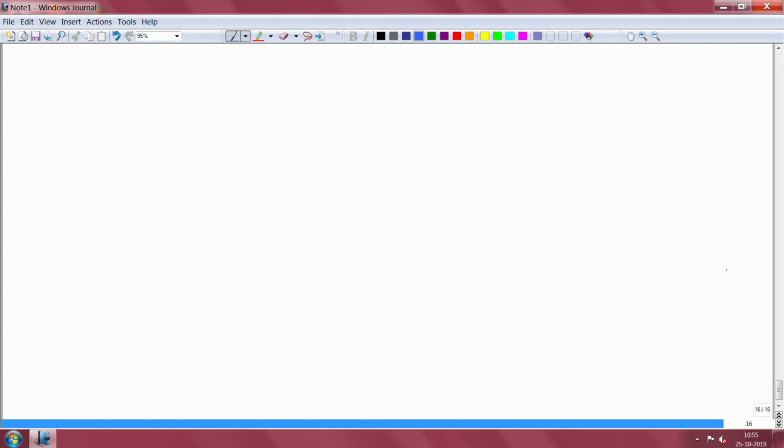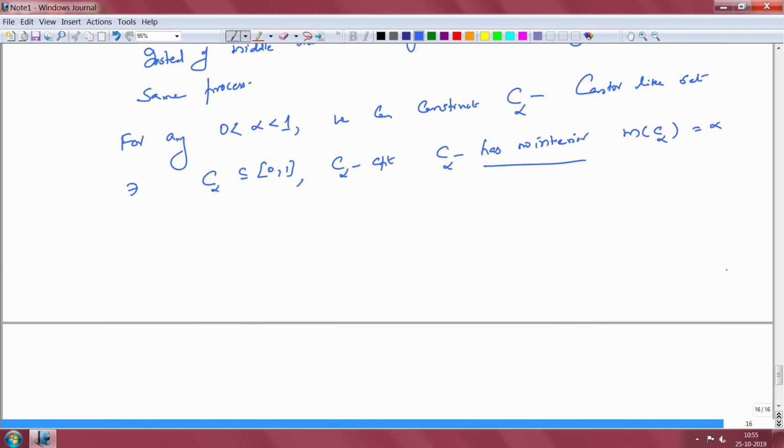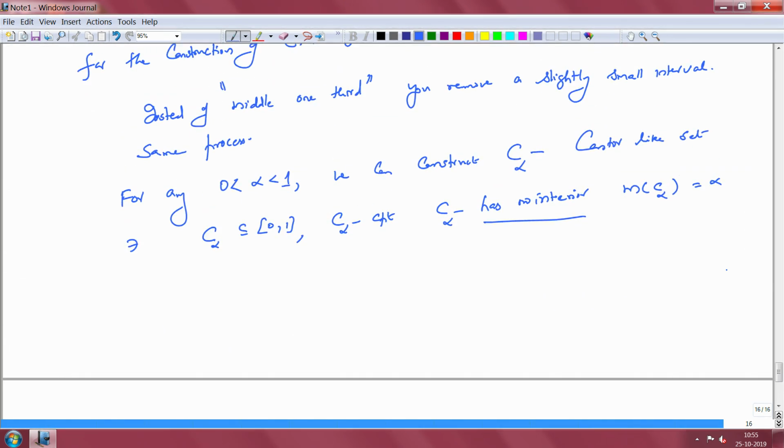So, the point to note is that you can slightly modify the construction of the Cantor set and you will get some interesting sets. Notice that the complement of C alpha inside [0,1] is a dense open set in [0,1] of measure 1 minus alpha.